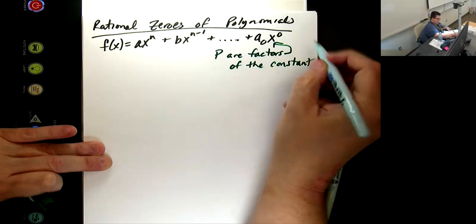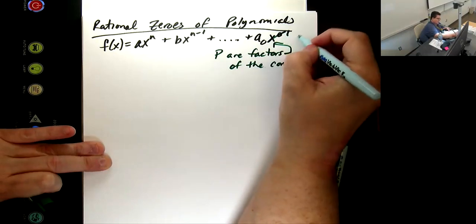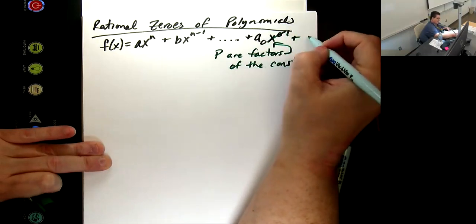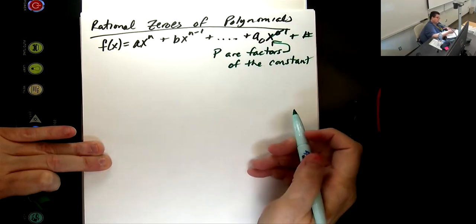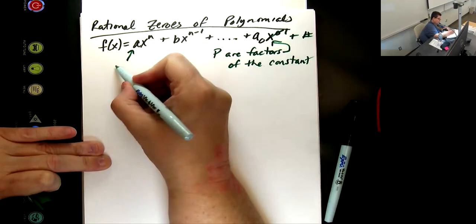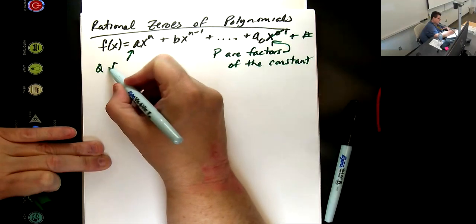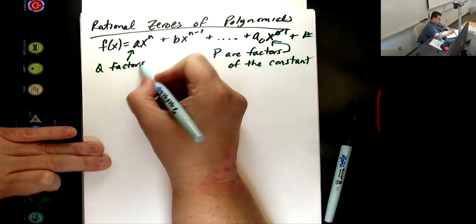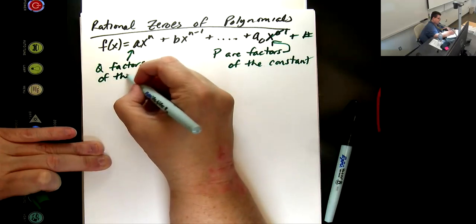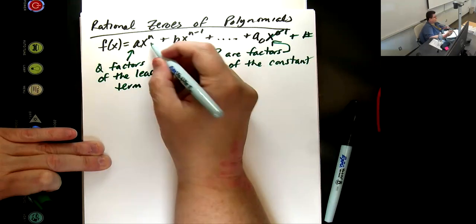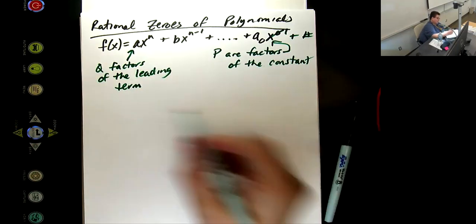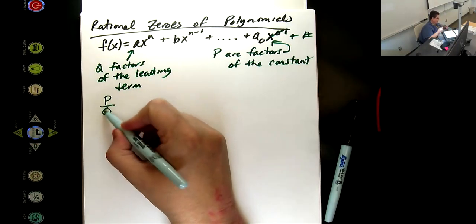Because x to the 0 is just 1, this will just have plus a number at the end. It won't show x to the 0. And Q kind of is factors of this term. It's called the leading term because it's the one in front, and it's the one in front because it has the largest exponent. So we're looking for things with P over Q.